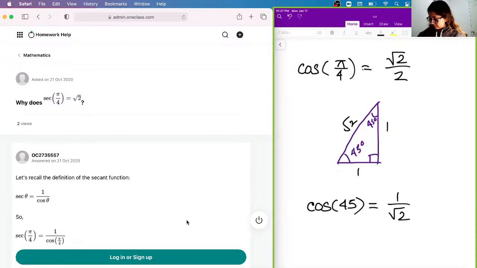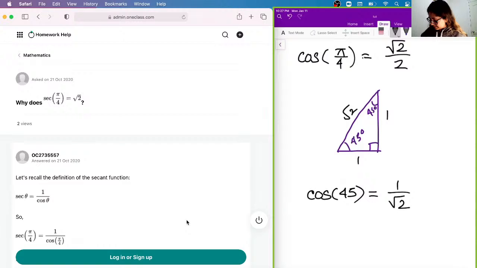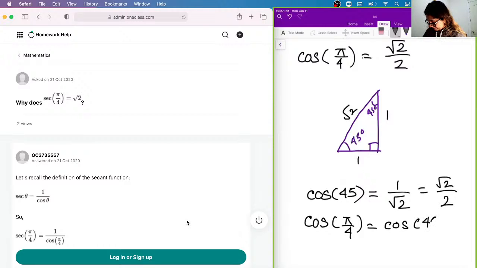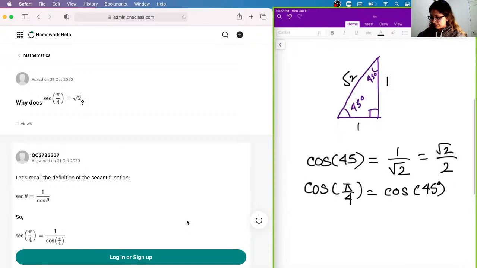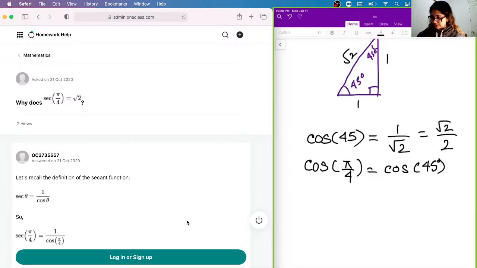And this is basically the same thing as saying square root 2 over 2. So in this case, cos pi over 4 is equal to cos of 45 degrees. From our triangle, we know that cos of 45 or pi over 4 is square root 2 over 2.